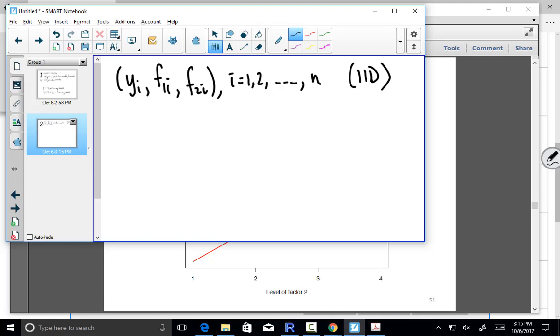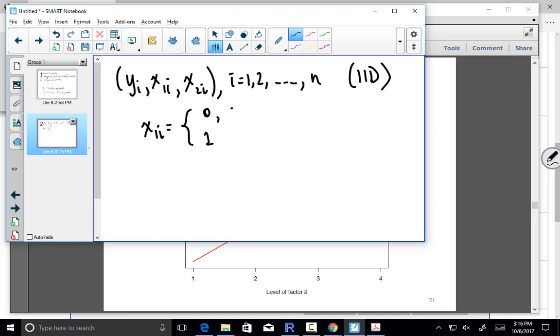Let me show you something that will tie in with the last part of these slides. Let me change the notation here to be x's. And suppose that x1 is either 0 or 1. So these are just binary factors.